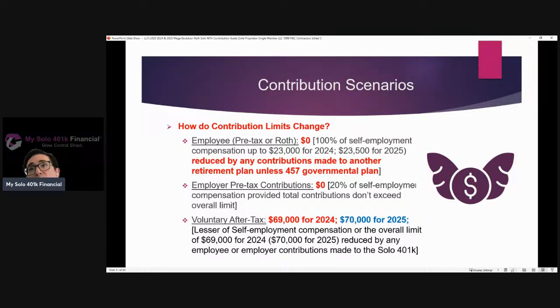So they'll skip making employer contributions, and they'll just simply make the entire contribution as a voluntary after-tax contribution. $69,000 for 2024, $70,000 for 2025. They'll then move the funds from the after-tax account to the Roth solo 401k account. So at the end of the day, they've got $69,000 in their Roth solo 401k for 2024, $70,000 in their Roth solo 401k for 2025.